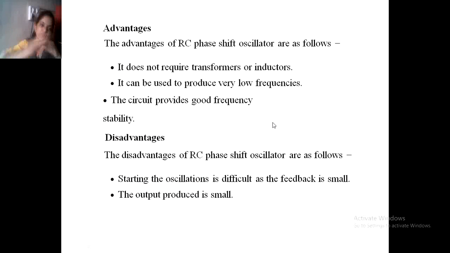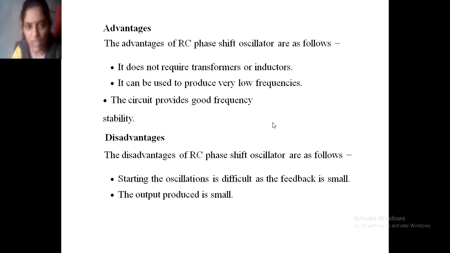So what are the advantages of this RC phase shift oscillator? It does not require a transformer or inductor. That is the main thing. It can be used to produce very low frequencies. The circuit provides good frequency stability.